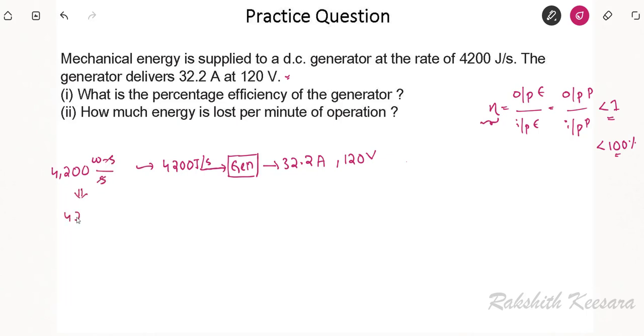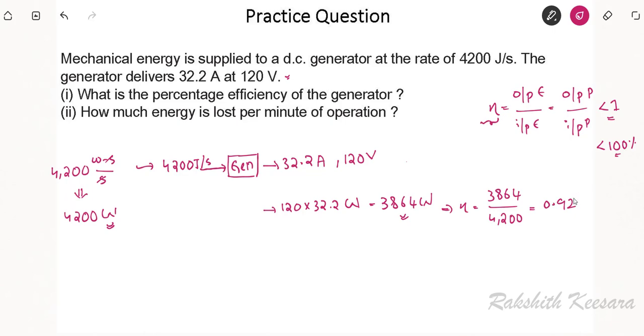So this will be 4200 watts, and the output is 120 into 32.2 watts, which is equal to 3864 watt. So the input power is 4200 watts, output power is 3864 watts. From this I can write efficiency as 3864 by 4200, and the answer will be 0.92. If I multiply with 100, this will be 92%.